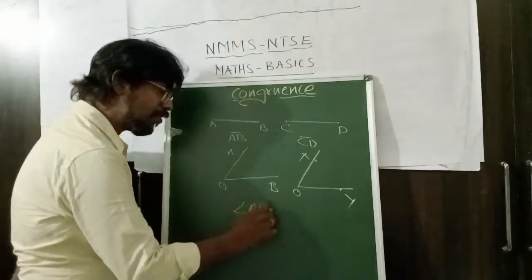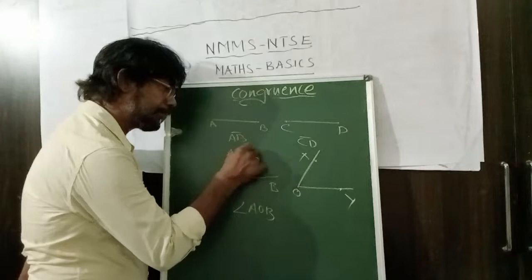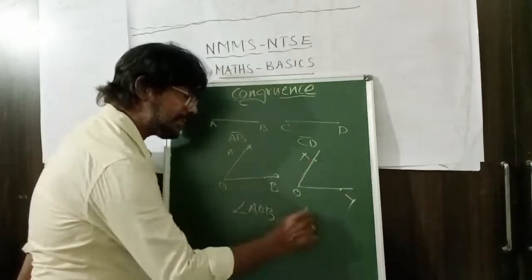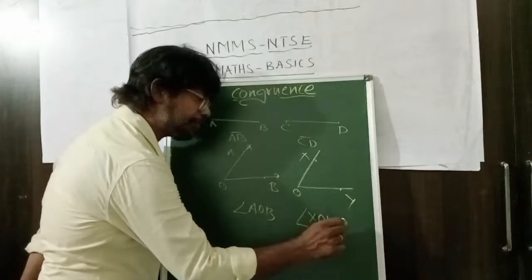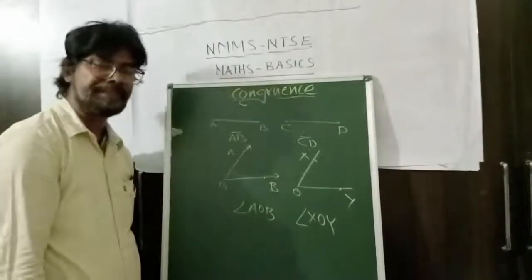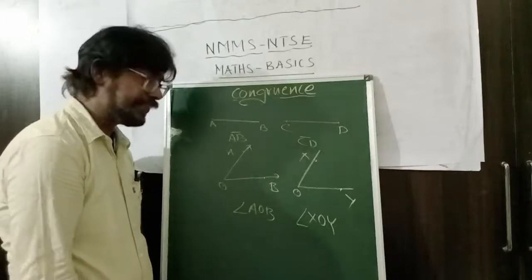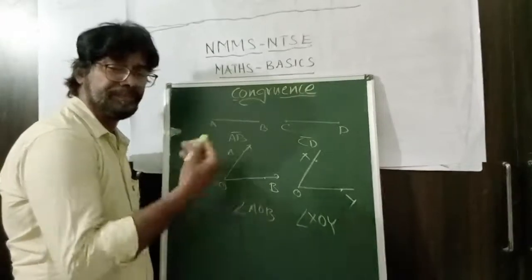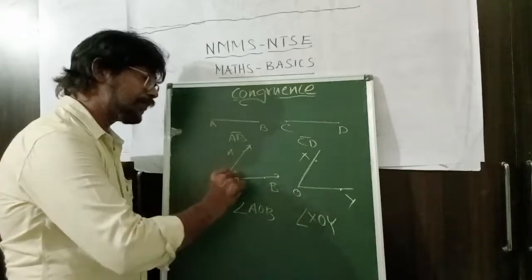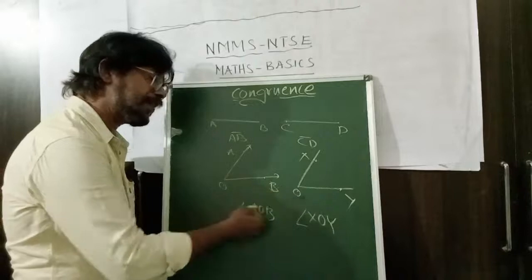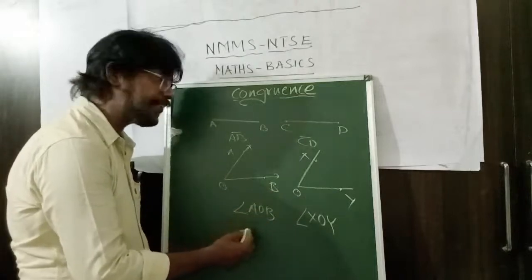Angle AOB, angle XOY. If both are the same angles and in the same direction, then we say both are congruent to each other.